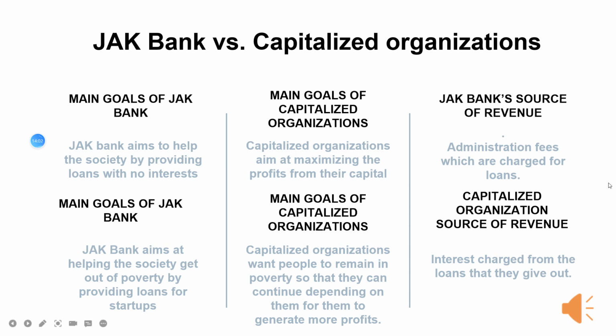The article therefore provides an appropriate case that can be used to look at how JAK Bank is a socio-economic organization with the goal of helping those who have been left out because of capital restructuring, leading them to poverty. The bank therefore gives those people a chance to get out of poverty and join the mainstream economy.